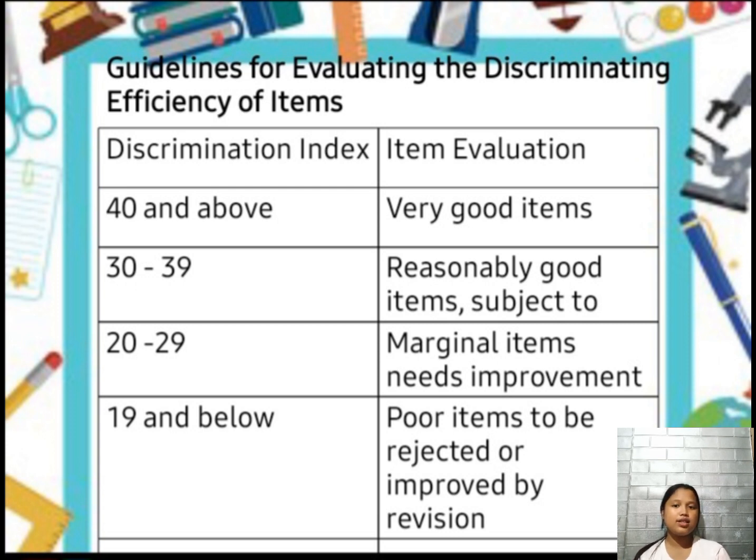Then, if the discrimination index is 20 to 29, these are marginal items that usually need improvement. And if the discrimination index is 19 and below, these are very poor items that need to be rejected or improved by revision. Okay? That's for the guidelines.